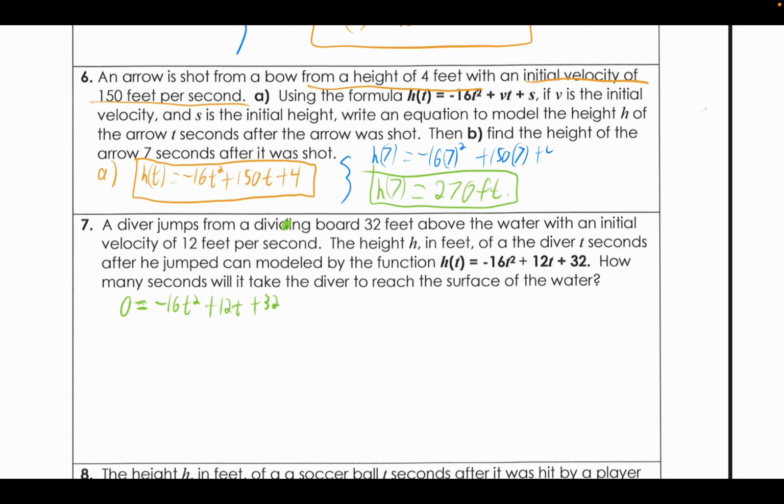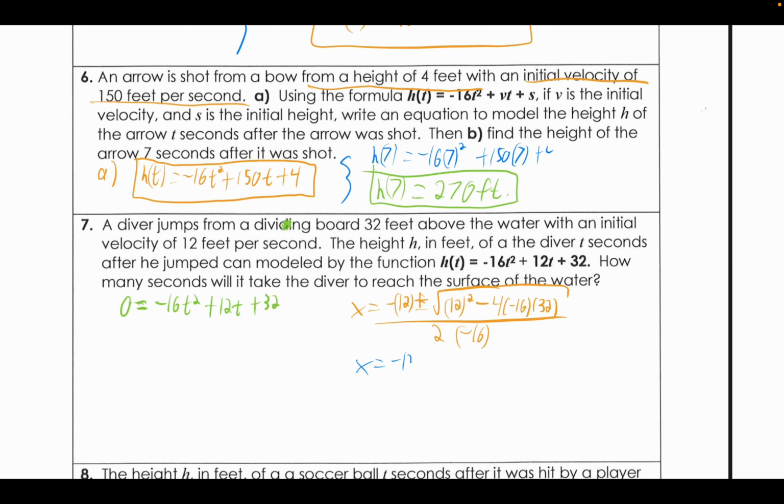And so I'm going to plug this into my quadratic formula, and I'm going to get x equals negative of 12 plus or minus the square root of 12 quantity squared, minus 4 times negative 16 times 32, all over 2 times negative 16.